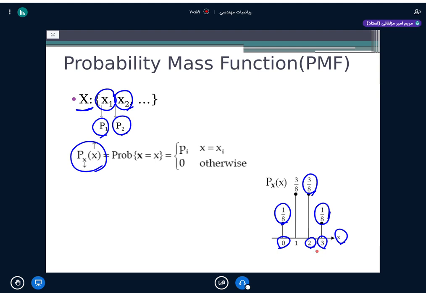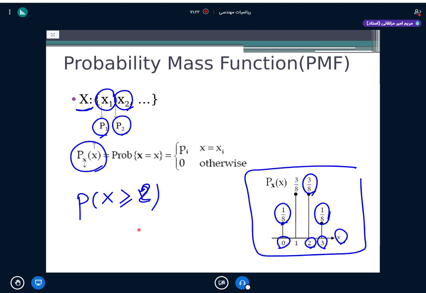Okay, in this example, suppose that we ask you to compute the probability of this event: the probability that the random variable X is greater than or equal to 2. We use the PMF to compute this probability.